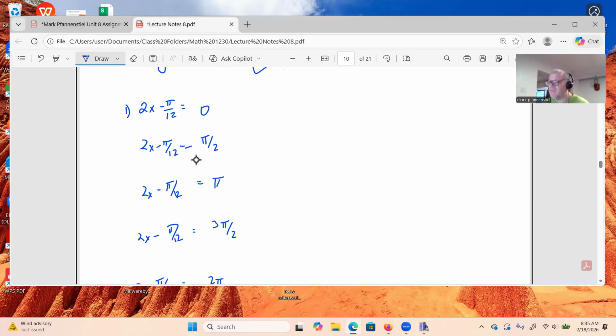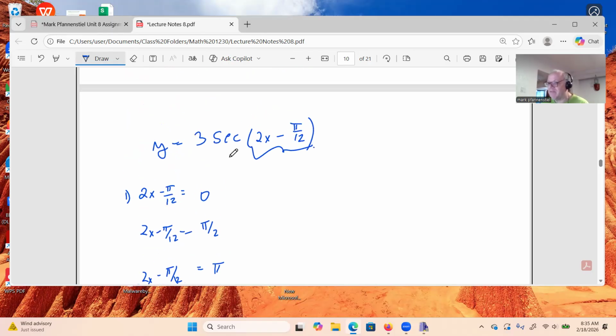So I want to figure out how I have to adjust my x's so that when I plug this x in, the answer I'm going to get for secant is going to be either undefined because the cosine is 0, or it's going to be 1 because the cosine of 0 is 1, or it's going to be negative 1.